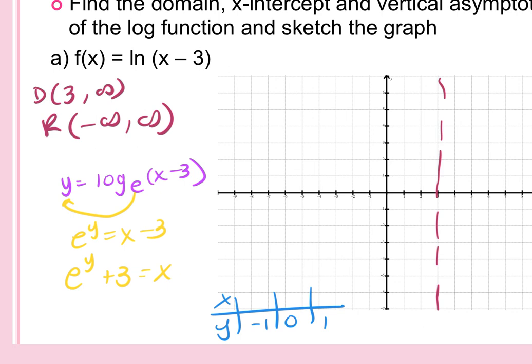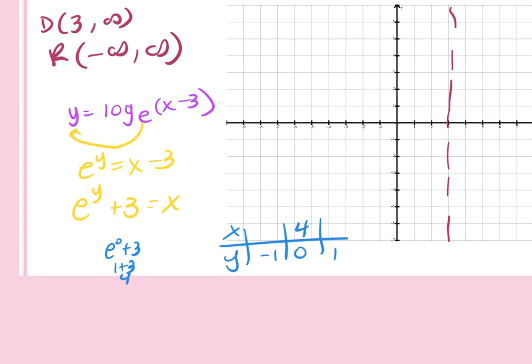So for 0, e to the 0 plus 3 would be 1 plus 3, or 4. And what is e to the first? 2.7 plus 3 is 5.7. So you don't even need it for those. Obviously, I wouldn't expect you to do 1 over 2.7, but e to the negative 1 plus 3 is that. For this, use your calculator: e to the negative 1 plus 3, which is 3.36 or 3.4.